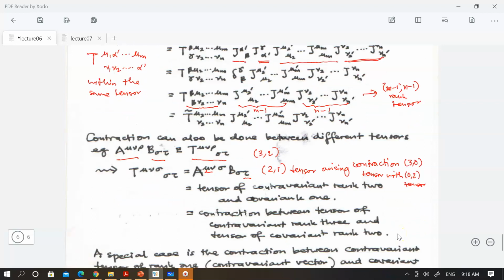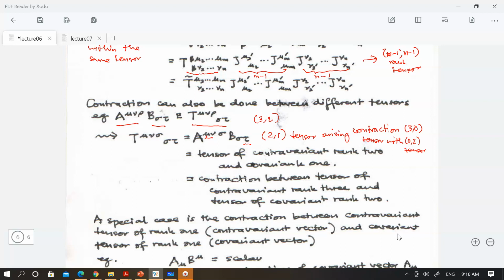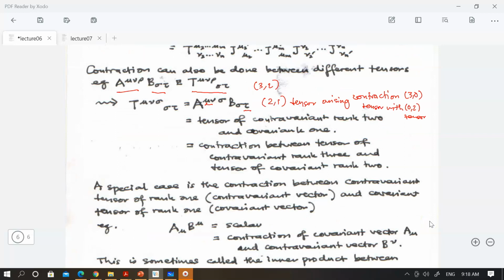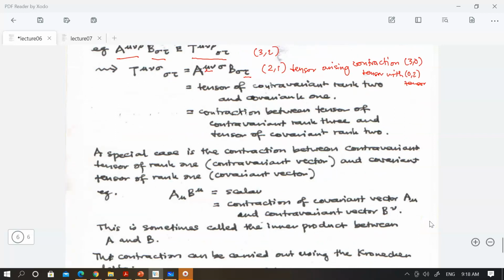So one can either think of contraction happening within a single object, or you can do it with a different object. One of the things that we have actually seen is the following. It's a contraction between a covariant vector and a contravariant vector.